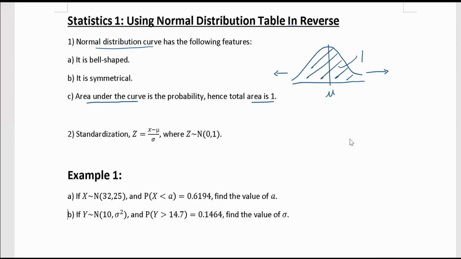And we have to talk about standardization. So whenever you are looking for the probability, you must first carry out this working, the standardization. Then you get the z-score, which is a normal distribution with the mean 0 and the variance 1.